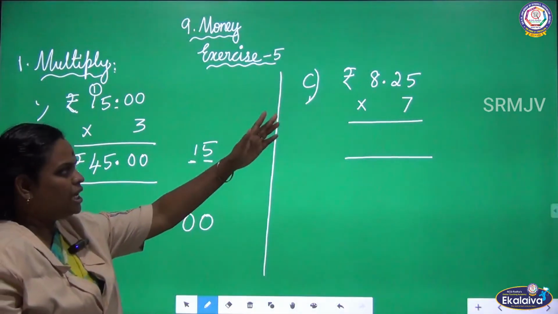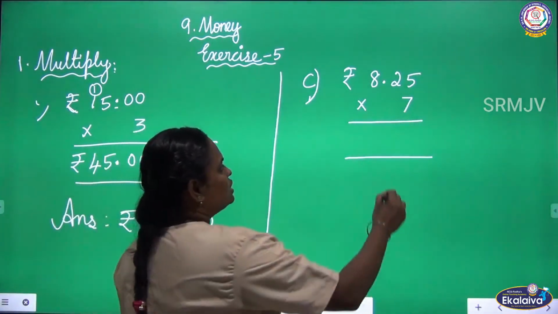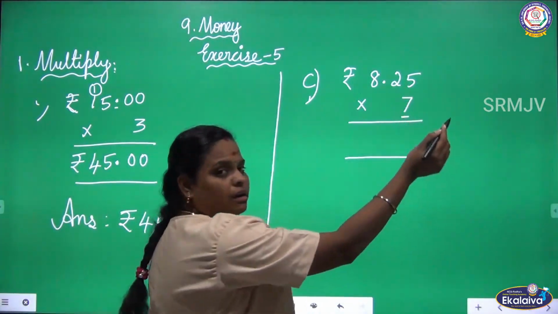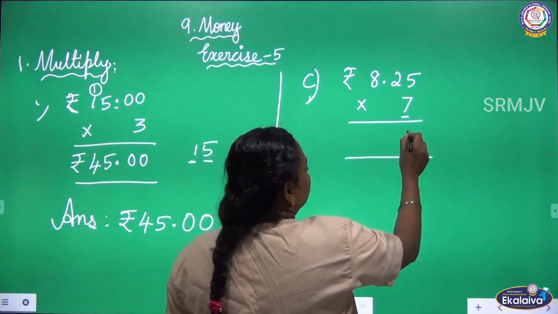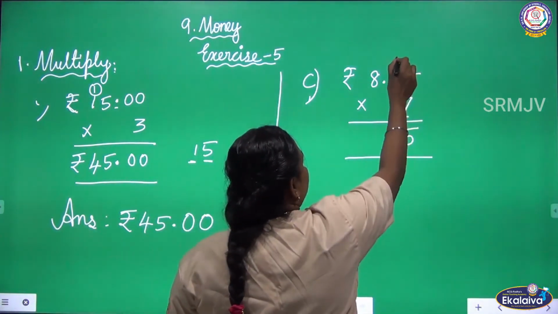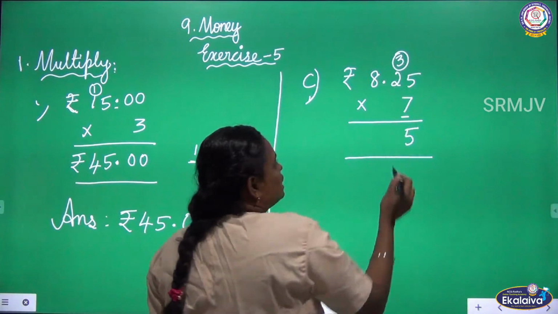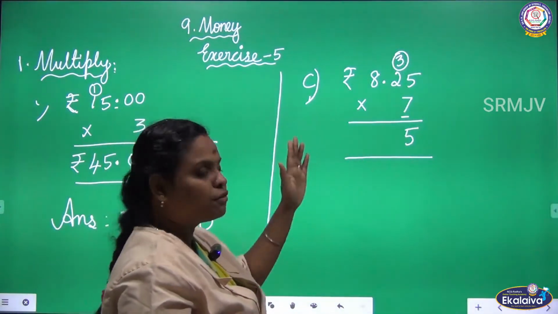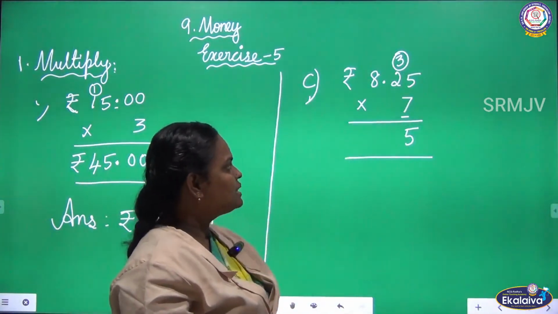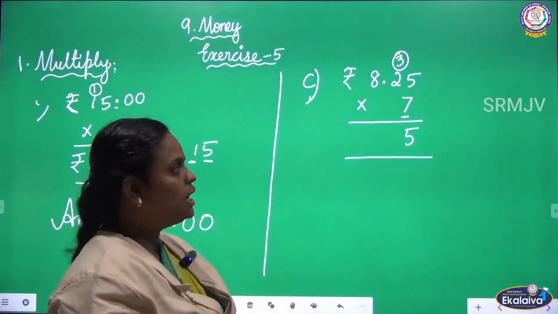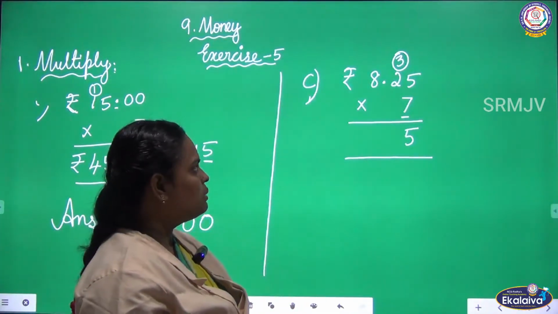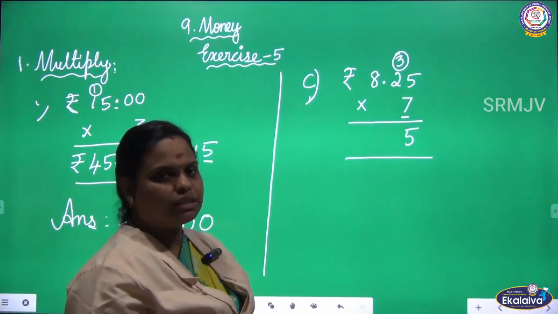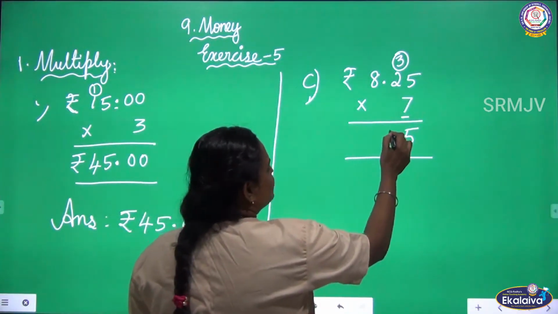Next one, same multiplication. First you multiply paise, then after that rupees. So 7 5s are 35, so write 5, then 3 carry over in the next place. Next 7 2s are 14, then you add 14 plus 3, that is 17, so you write 7.